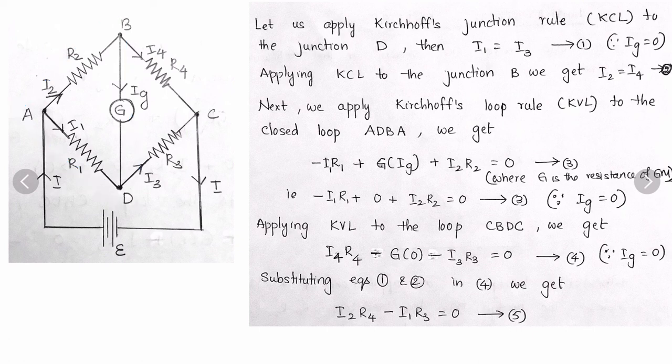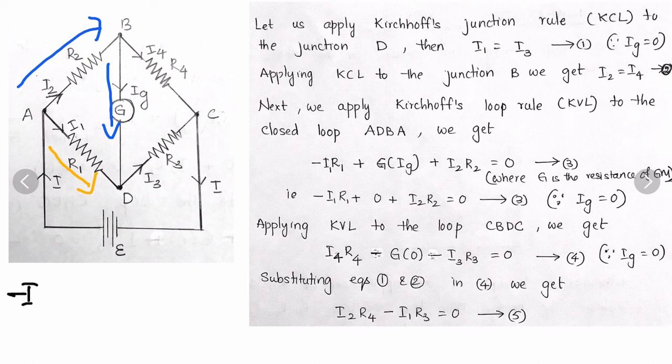So now we are going to apply Kirchhoff's second rule to the loop ABDA. In the loop ABDA, we will go clockwise. I2 R2 is positive. Ig into the resistance of the galvanometer, let us take it as G, is also positive, clockwise direction. But I1 R1 is clearly in the opposite direction, that is anti-clockwise, therefore you should take it as negative.